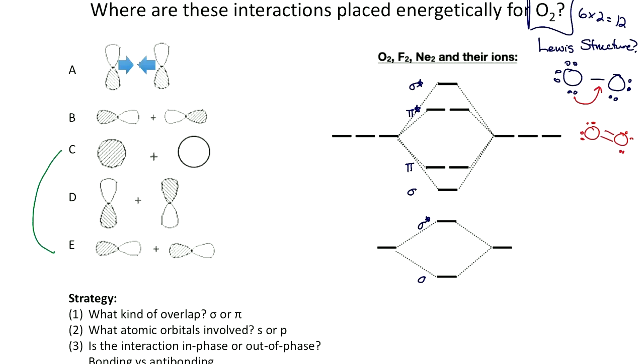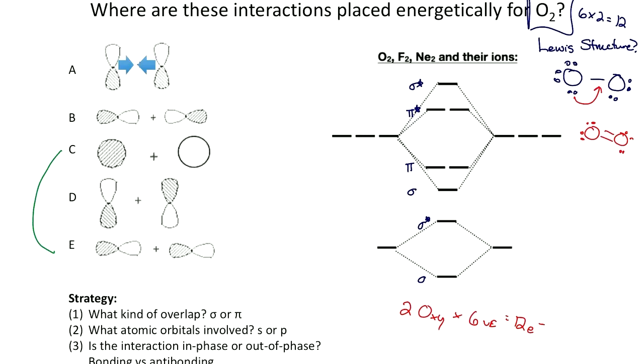There are a total of 2 oxygen atoms times 6 valence electrons each, so we're going to put 12 electrons in the center there. I could draw in the electrons in the atomic orbitals, but I don't want to. I'm just going to draw them in the MOs because that's what we care about right now. So I'm going to rearrange those 12 electrons into that center column.